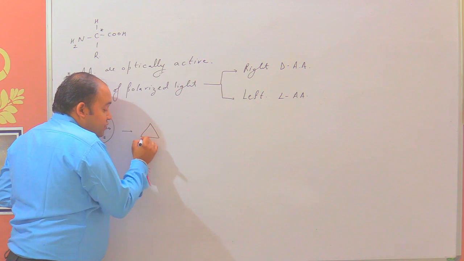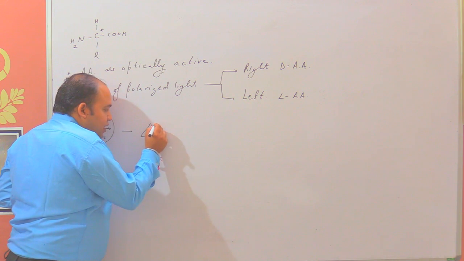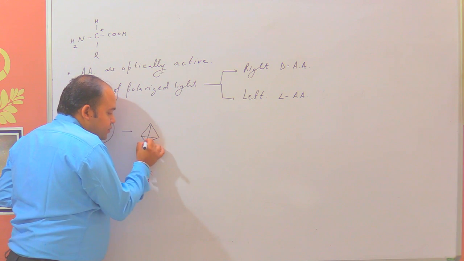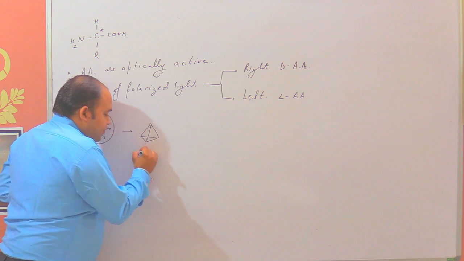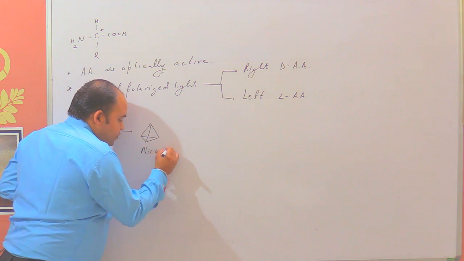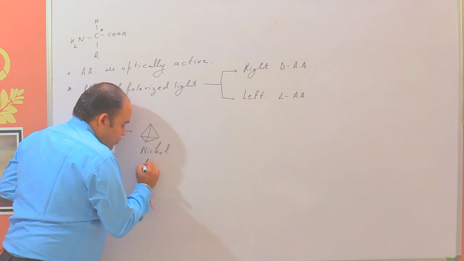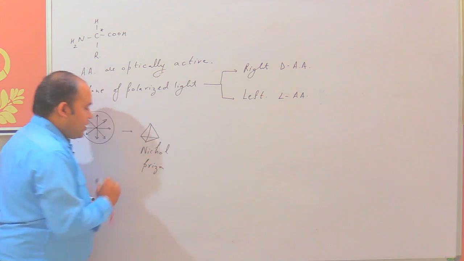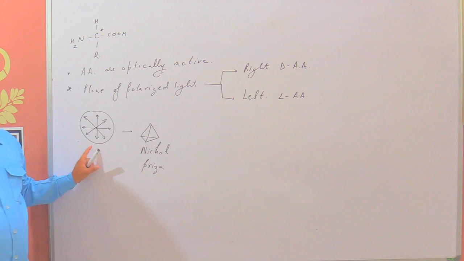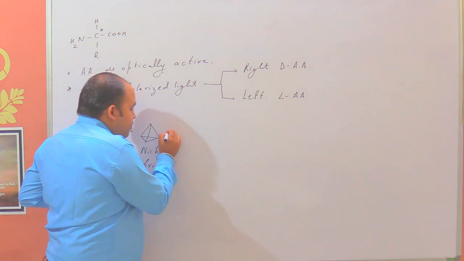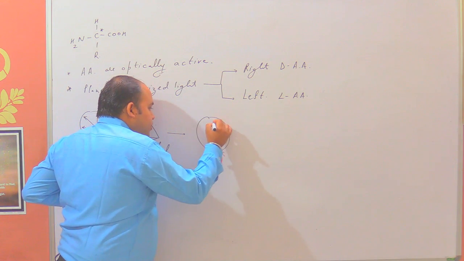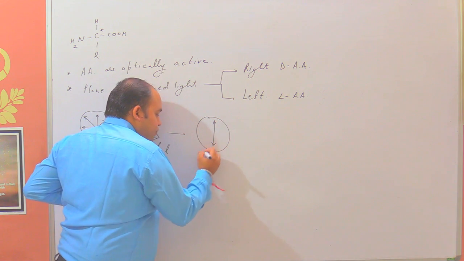And when the light is passed through this Nicol prism, what happens? The light gets converted into plane polarized light.